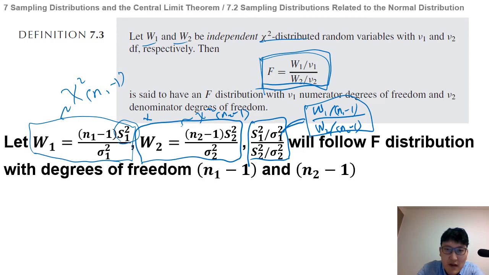Then, if you cancel n1 minus 1 and n2 minus 1, you can check that this term is the same as this term, and so it will follow an F distribution with degrees of freedom n1 minus 1 and n2 minus 1. So using this F distribution, you can do inference about the population variance, the differences in two population variances.